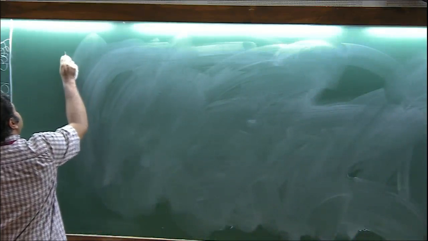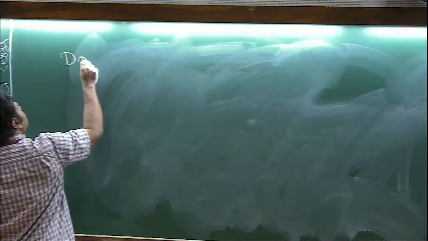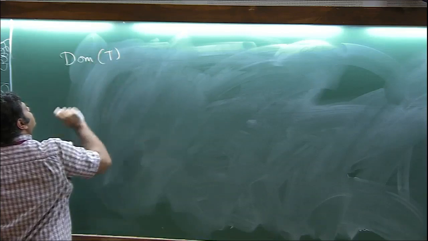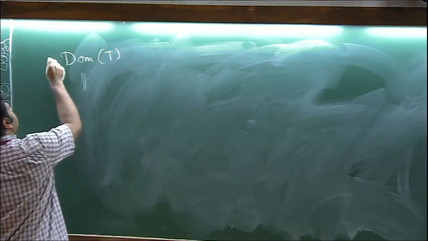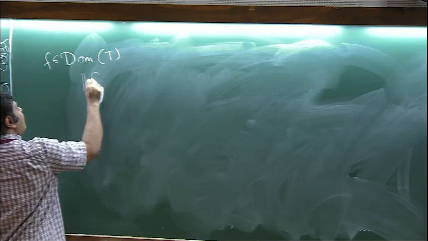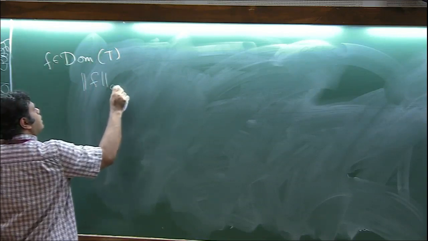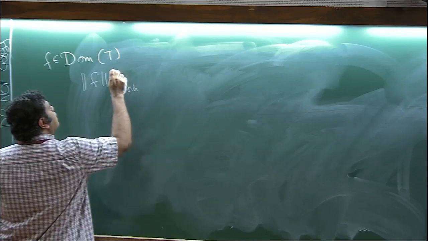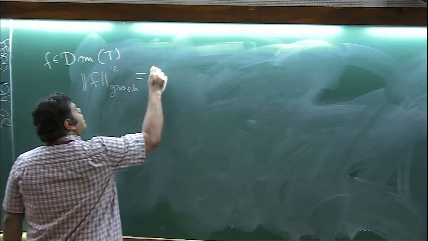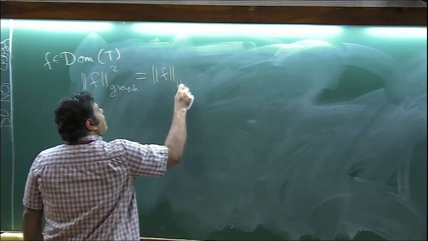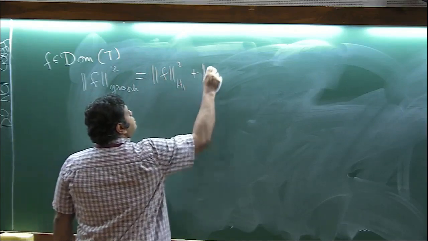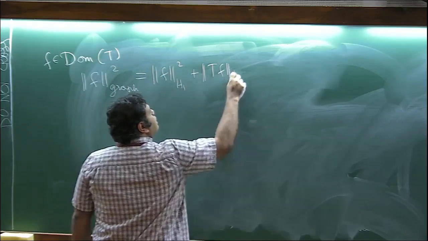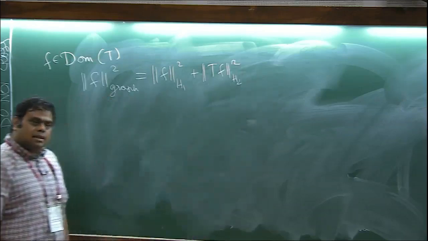Let us look at the domain of T and introduce a norm on domain of T. For f in domain of T, define the graph norm to be given by the norm of f in H1 squared, which makes sense since f is an element of H1, plus the norm of Tf in H2 squared.